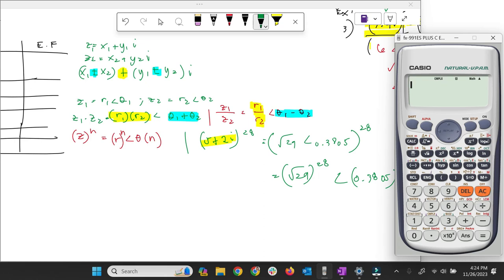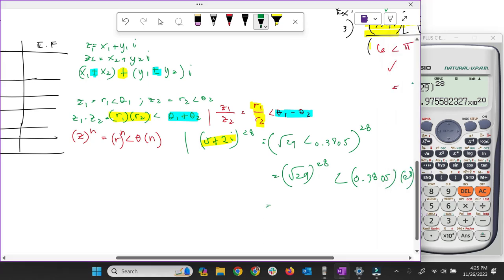So, I suggest, no, na himayin mo. Huwag mo ipagsabay. Himayin mo isa-isa lang. So, what do I mean by that? So, this will be square root of 29 ka muna. Doon ka muna sa real number. And then, kapag nakuha mo na yung sagot, square root of 29, place mo sa 28, pag nakuha mo na yung sagot, so this will be 2.97 56 raised to the power of 28.